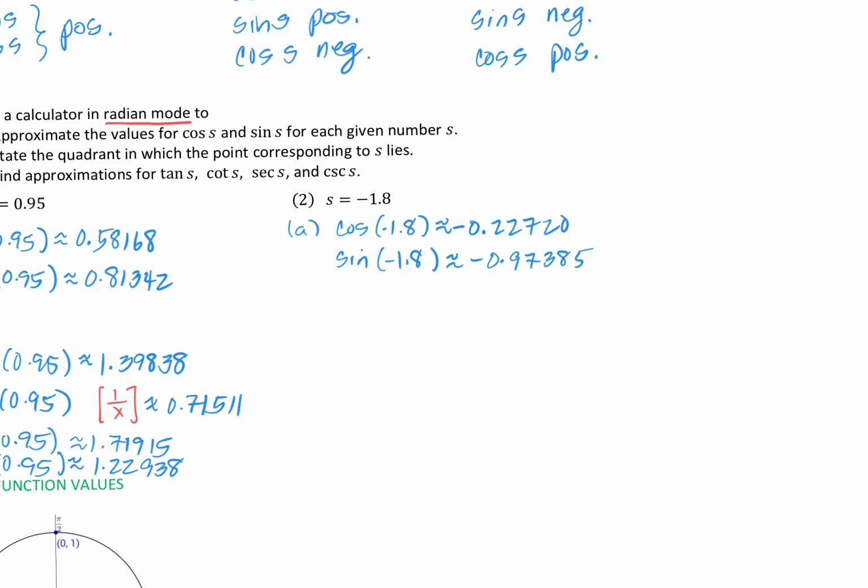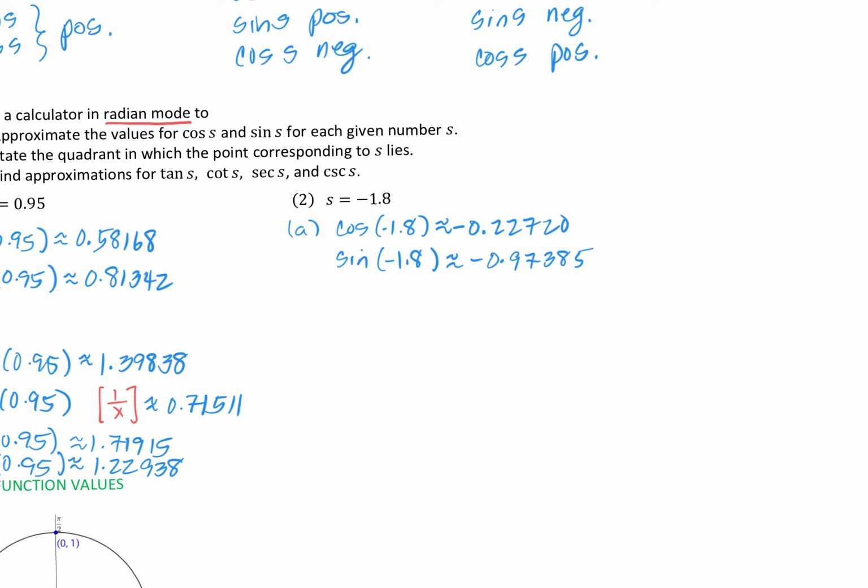So now when I look at -1.8 and I look at the unit circle, I go clockwise. 0 to negative 1.6 is quadrant 4. If I go a little further to negative 1.8, I'm in quadrant 3. So my sine and cosine should be negative, but I didn't have to do that.